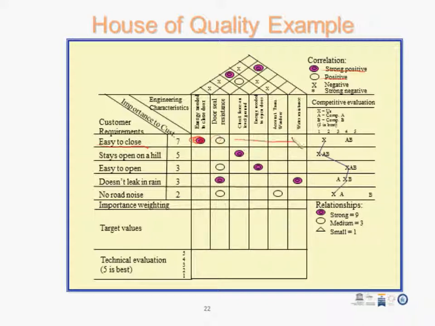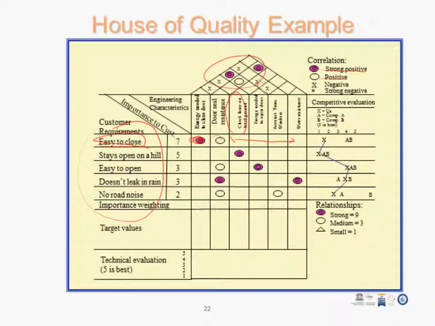All the other functions are not related to ease to close. The second one, stay open on the hill, is related to this function. All these dark circles represent a strongly positive relationship between marketing terminology and engineering operational functions.